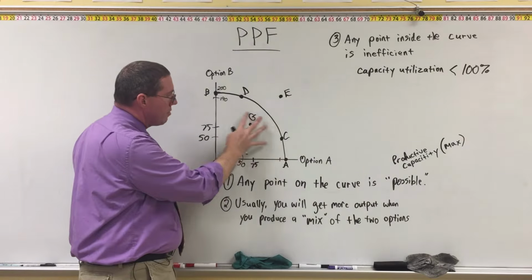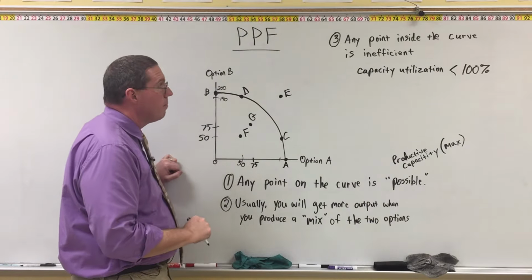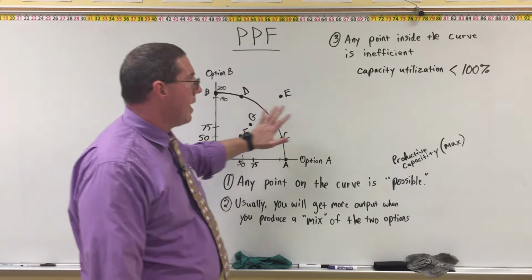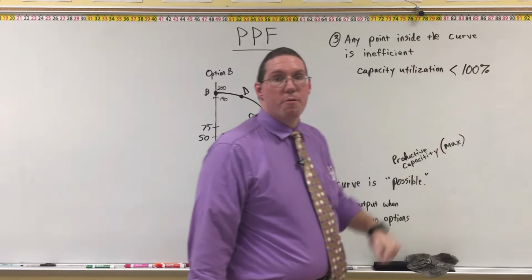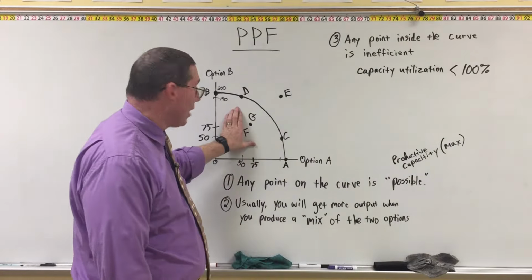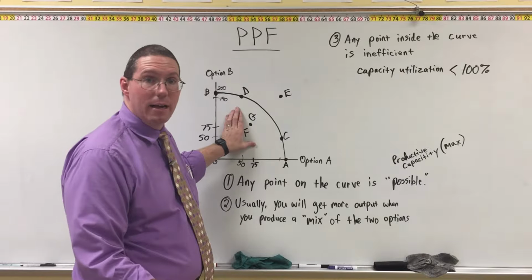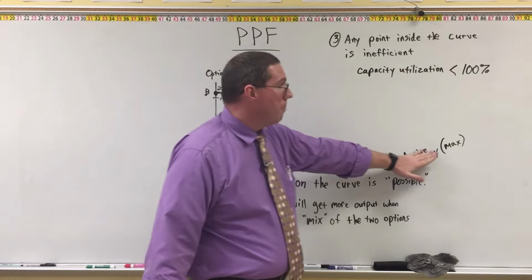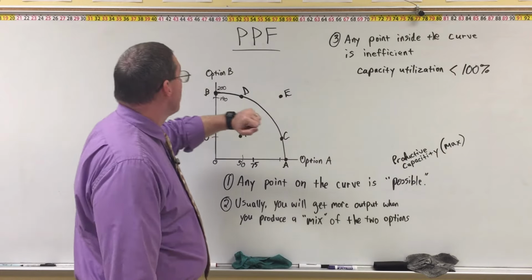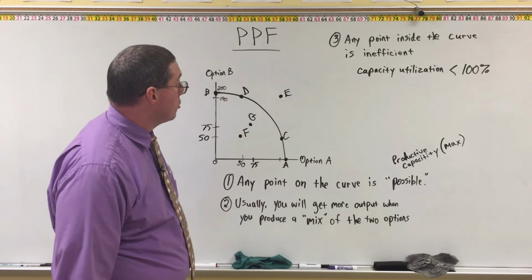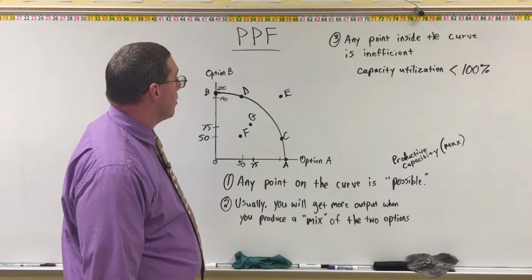So any point on the inside of the production possibilities frontier is less efficient than we can be because we're at less than 100% capacity utilization. Our actual output is less than our maximum output. All right? And so that's another thing that the production possibilities frontier can tell us.